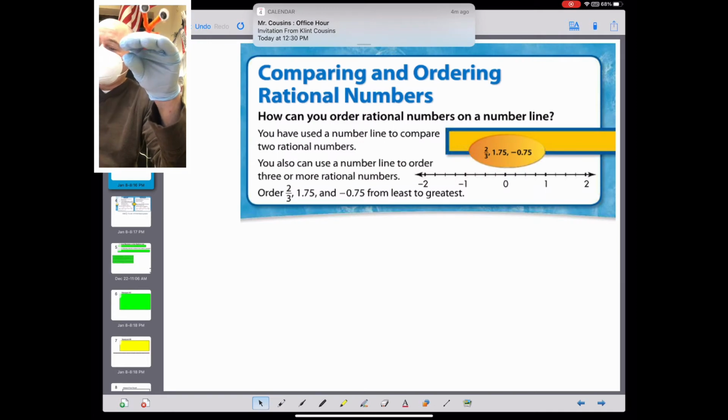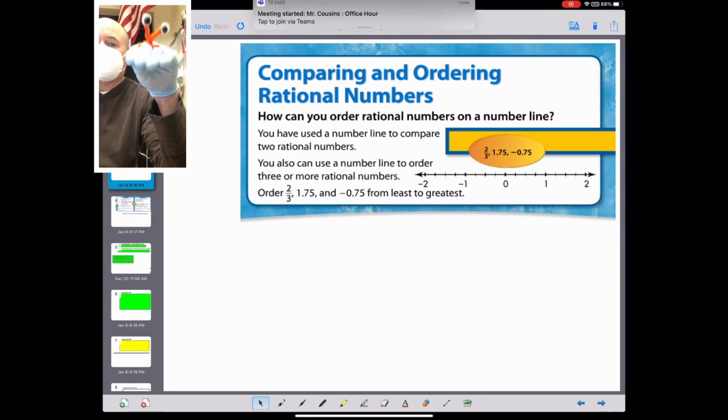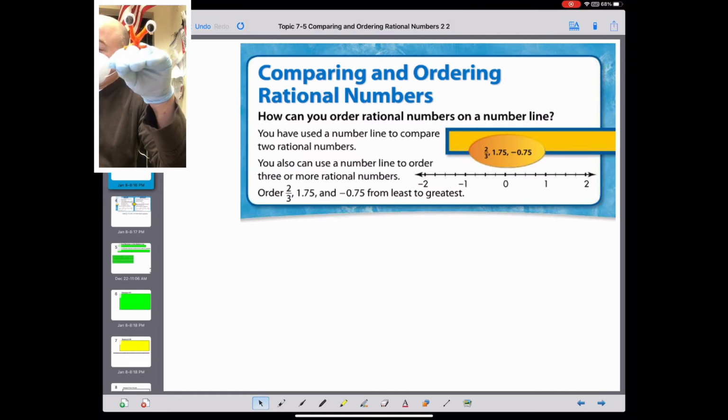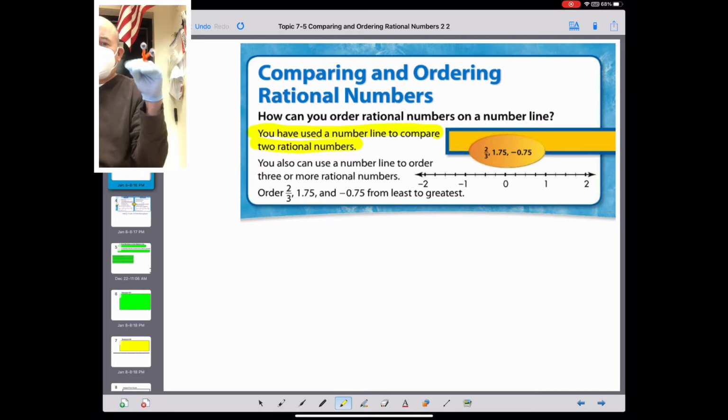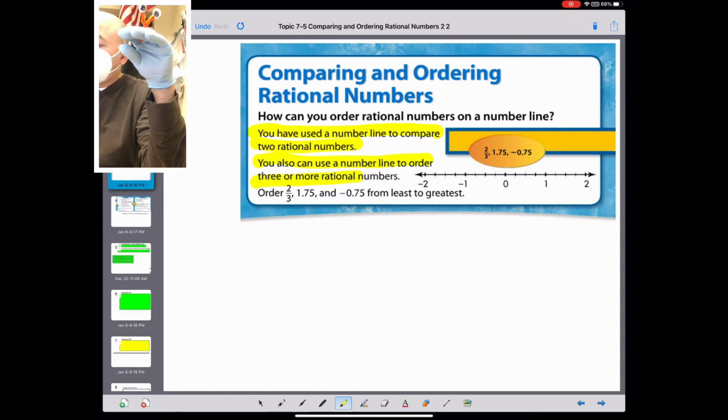Okay, so anyways, in the book, you'll see that they talk about comparing rational numbers. If you don't have your book, it should come up on your screen right now. You can order rational numbers on a number line. You have used a number line to compare rational numbers before. Oh, really? Have they? Yeah, they have, Glovey. You can also use a number line to order 3 or more rational numbers.